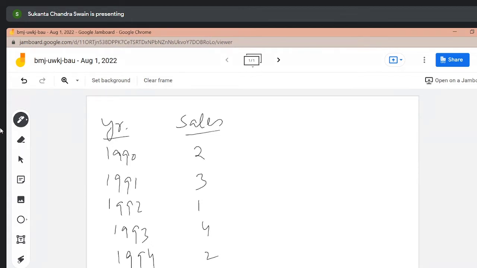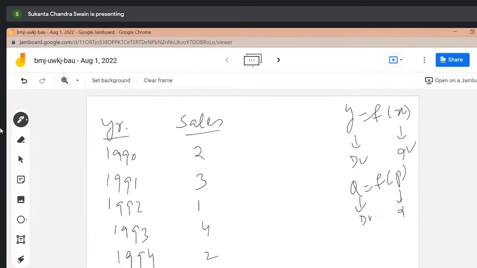Like in y as a function of x, y is the dependent variable and x is the independent variable. In the demand equation, demand is a function of price: demand is the dependent variable, price is the independent variable. Similarly, now sales is a function of time. Sales is your dependent variable, and year is your independent variable.